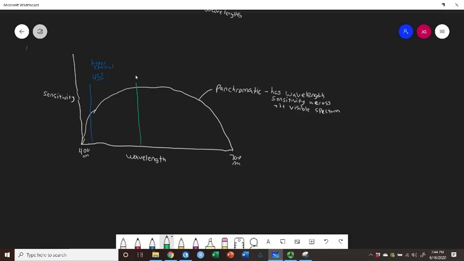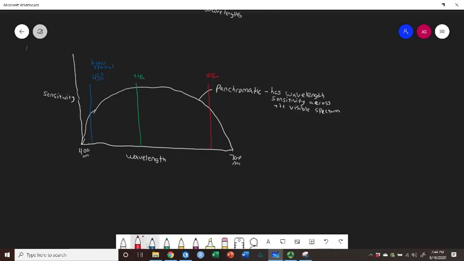This may be 550 nanometers, and this could be, say, 625 nanometers. With hyperspectral, it's just a single line because we're measuring one, two, maybe three wavelengths. It's very, very specific.